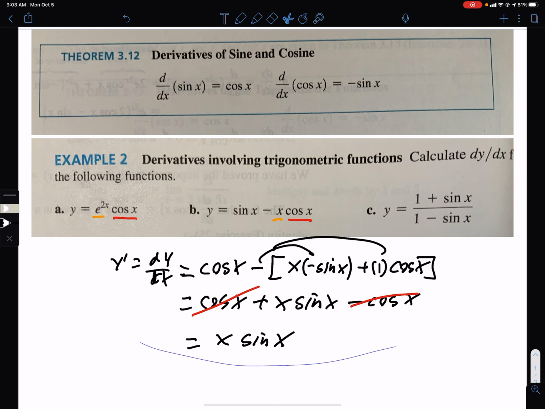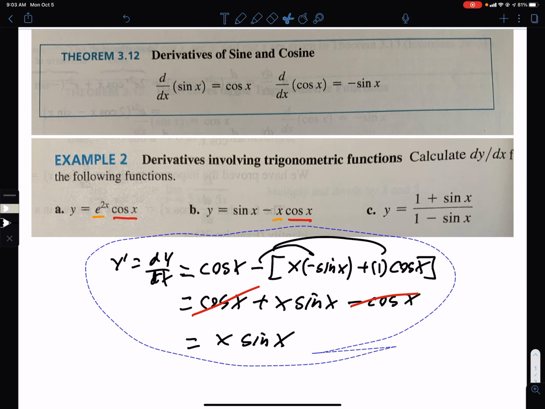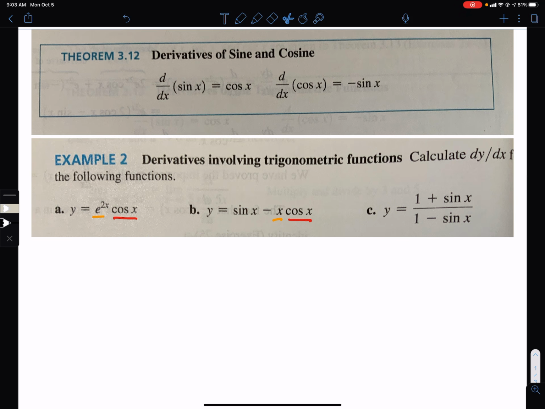Now the last one, you should notice something. You should notice a quotient. Something divided by something. A high divided by a low. Therefore, to take the derivative of that, it's going to be a quotient rule. So quotient rule, it's low, so I copy the bottom, the low one. D high, the derivative of 1 is 0. Derivative of sine is cosine, so I'll have cosine x.